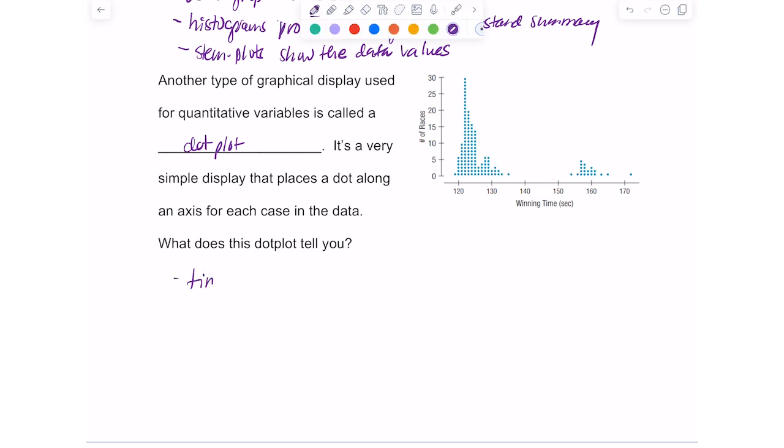So here it shows the time it took for each horse to win a race. In this graph, I notice there's some extreme values.